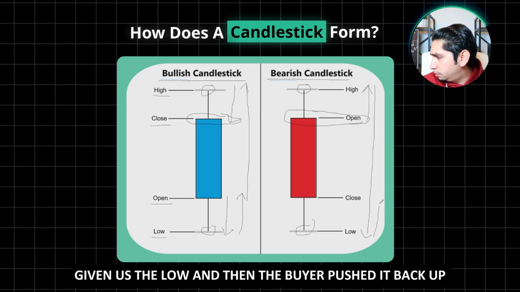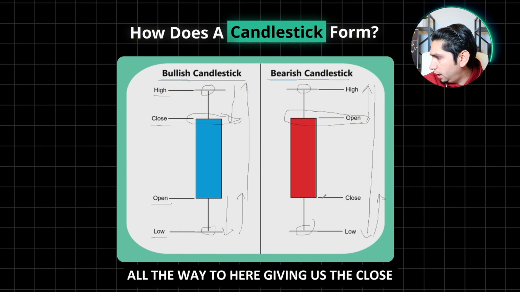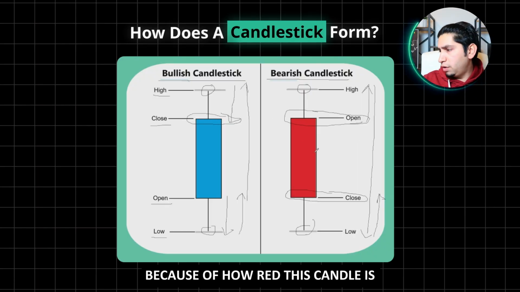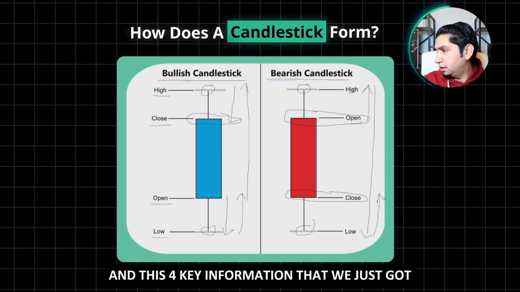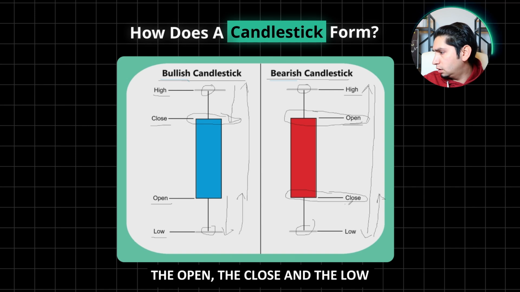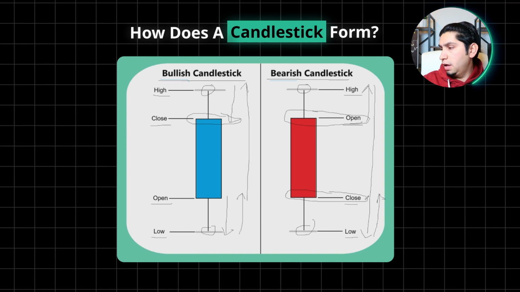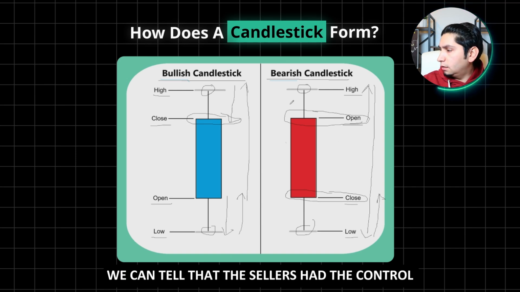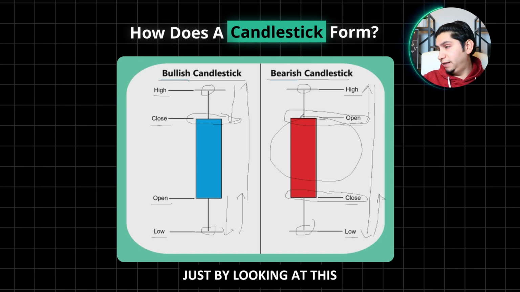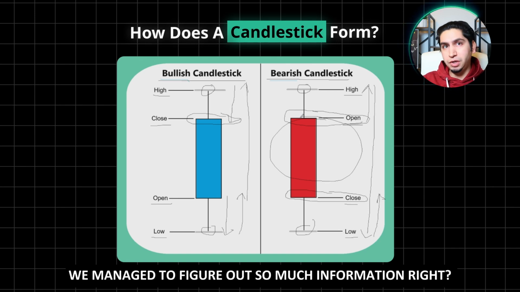And then the buyers pushed it back up all the way till here, giving us the close, i.e. the closure of the candle. So in this example, because of how red this candle is and this 4 key information that we just got from this candle, the high, the open, the close, and the low, we can tell that the sellers had the control in this specific case. Just by looking at this, we managed to figure out so much information, right?